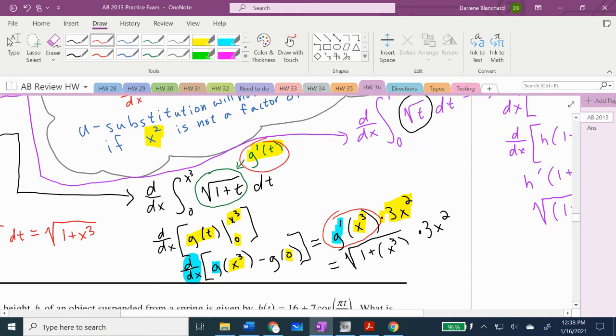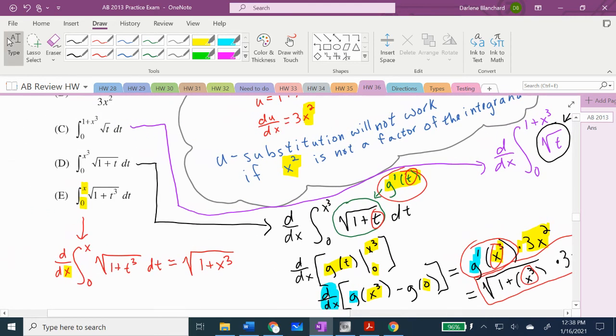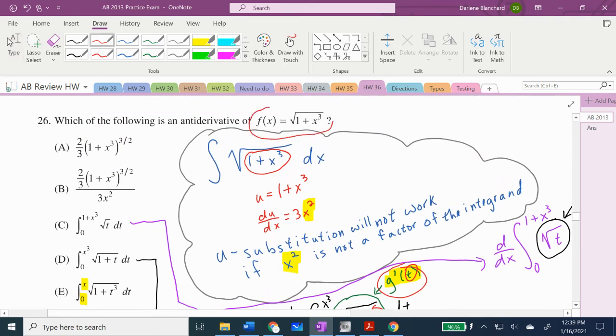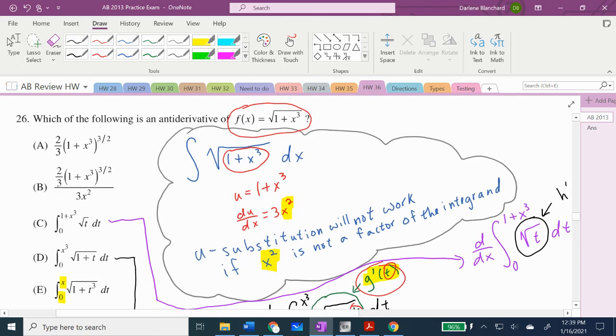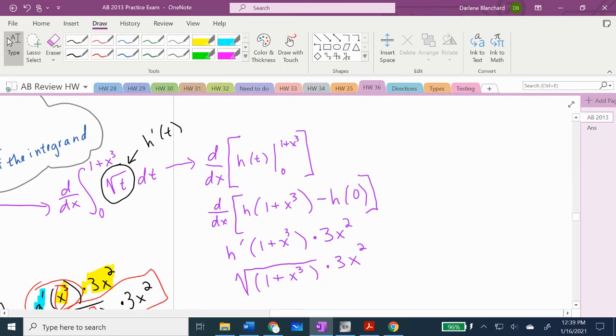I'm just replacing the t with an x cubed, and voila, I have the answer to the derivative with respect to x of letter D. And it is not the same thing as the function that we are trying to determine, which is the antiderivative of the following. Letter C is extremely similar, so I'm just going to show the work on that, and you can see why E is the only possible answer.